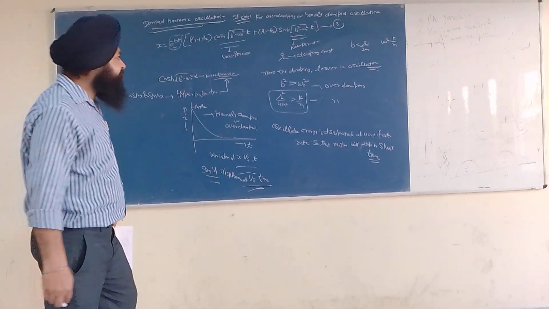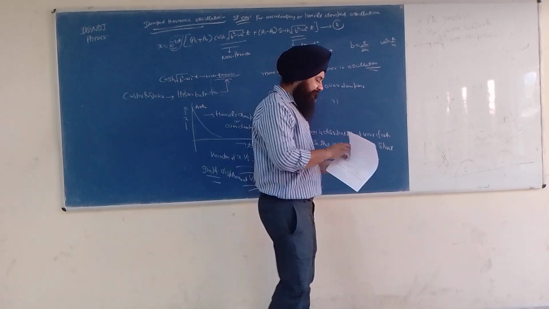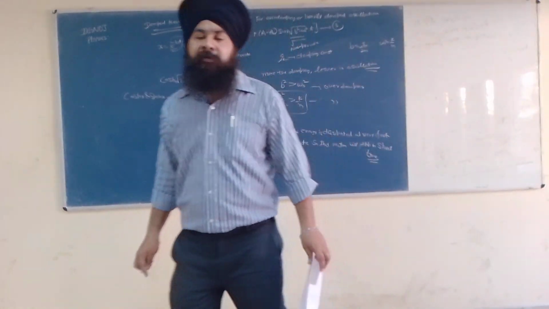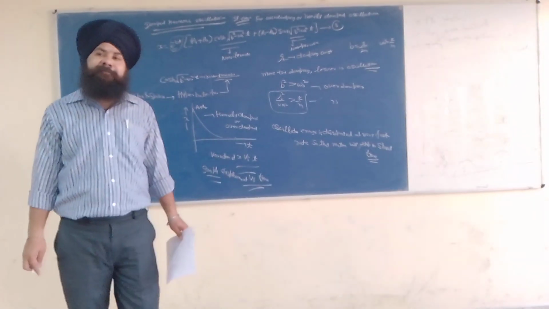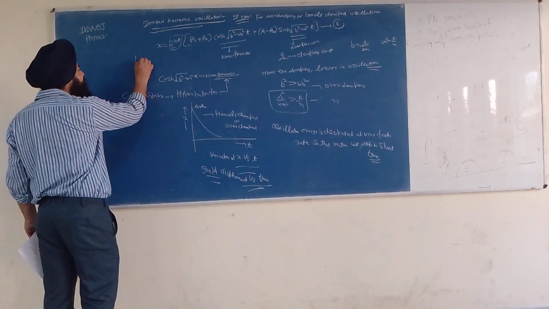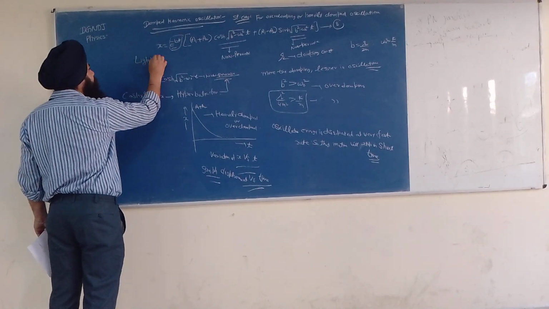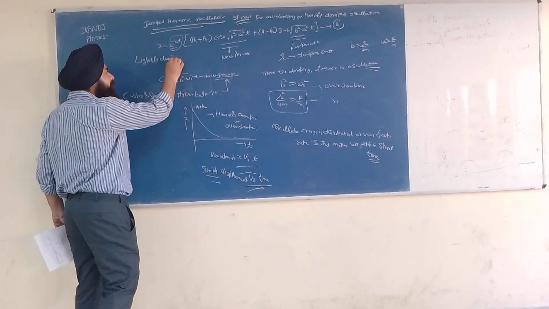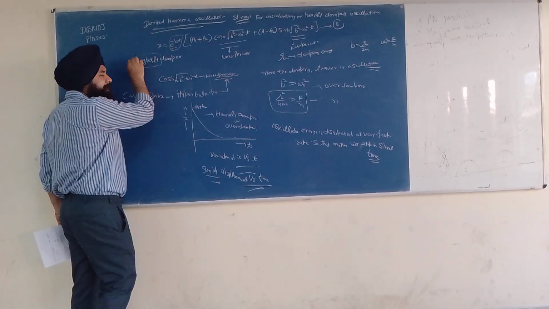Now we discuss the second case, the lightly damped oscillator. What's the meaning of lightly damped? Lightly damped means damping will be less.